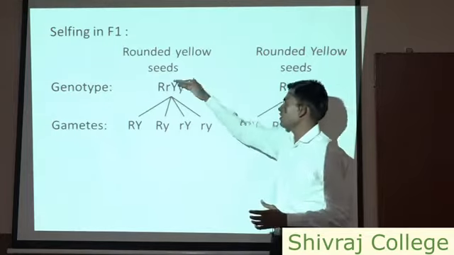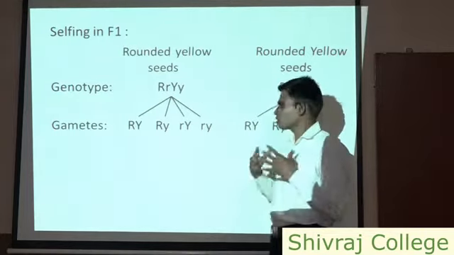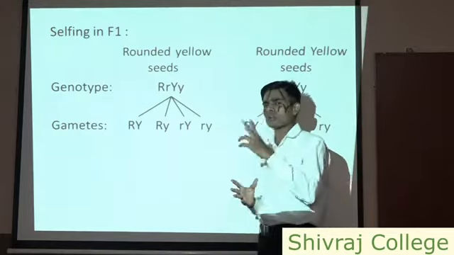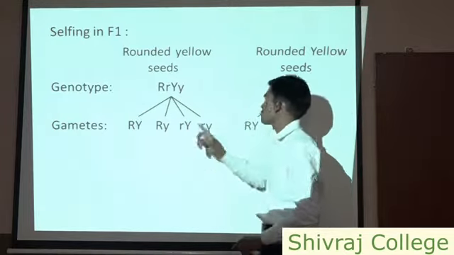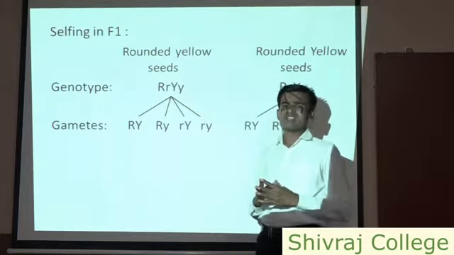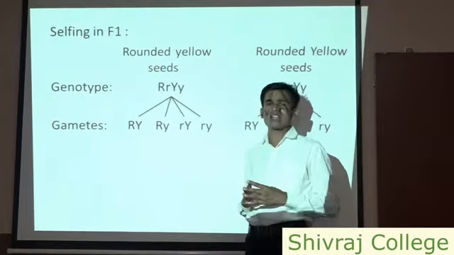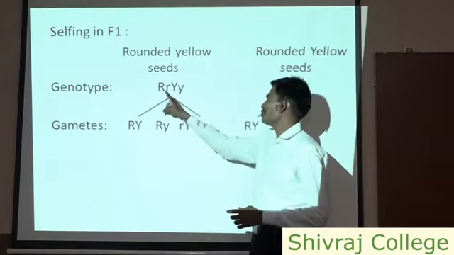This F1 plant produces gametes during gametogenesis, four types of gametes. The F1 plant contains dissimilar alleles, that is, heterozygous alleles.